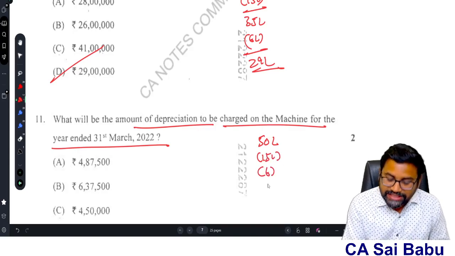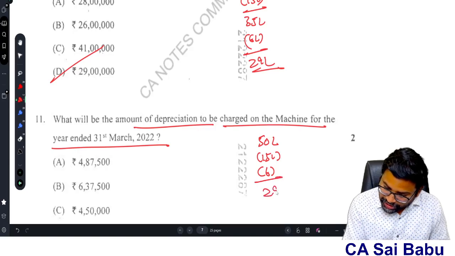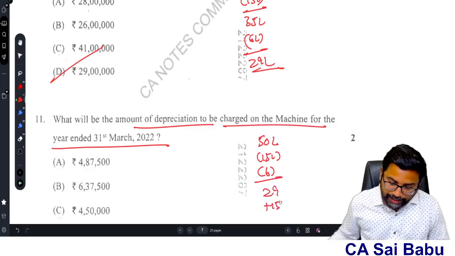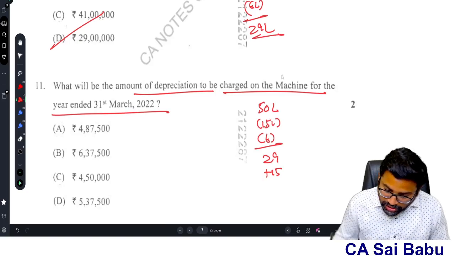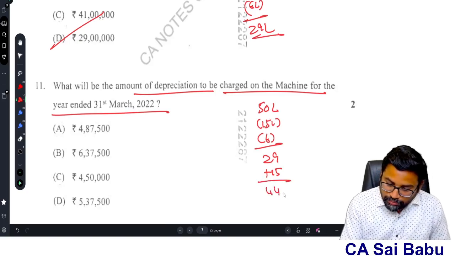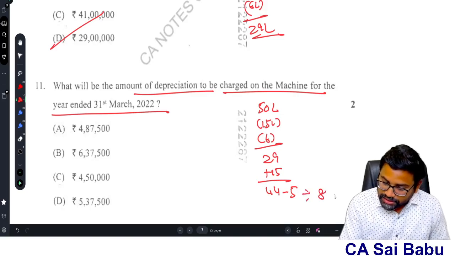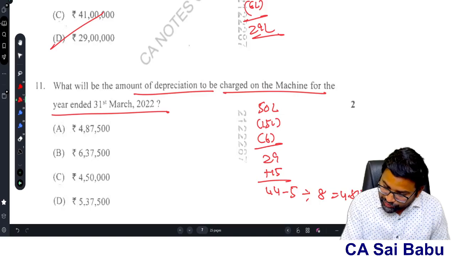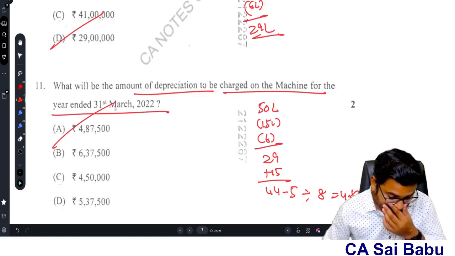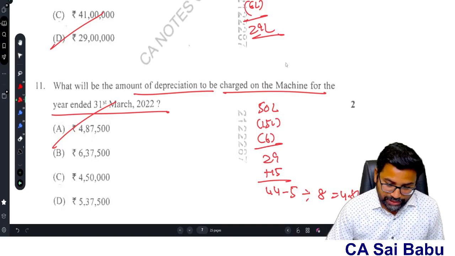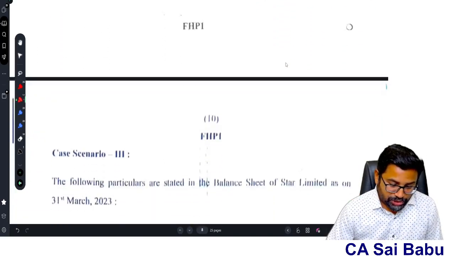First 2 years 6 depreciation, so it will be 29. Later on refund happened. 15 we should add back. Now it will be 44, minus 5 is the residual value, divided by remaining life 8 years. So therefore 4.875. So 4,87,500 is the depreciation for the year 31st March 2022.